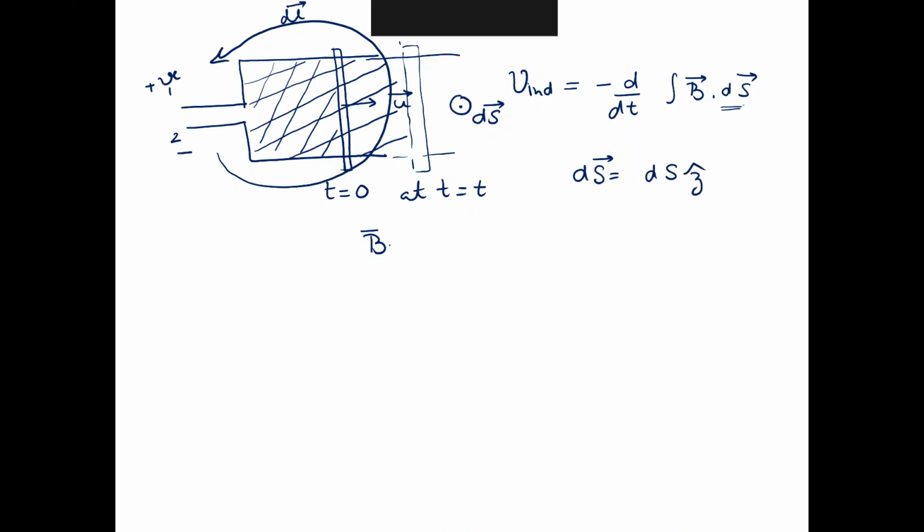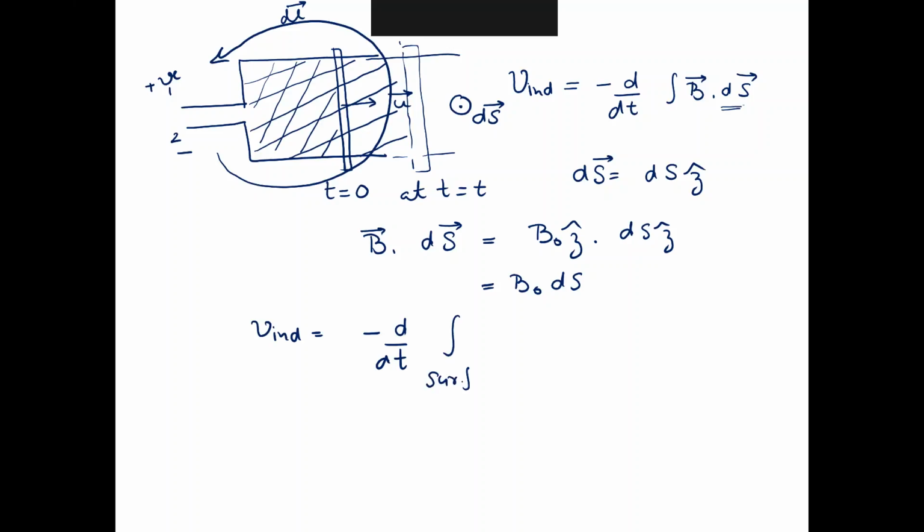B dot ds now just becomes B, z dot z being 1. So my V induced is minus d by dt, and I have to integrate B dot ds over the surface area.